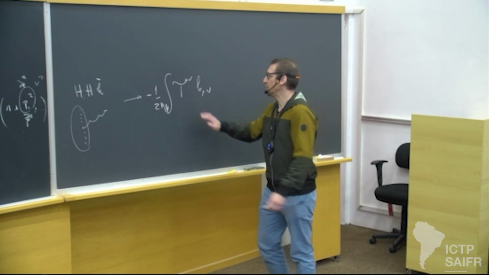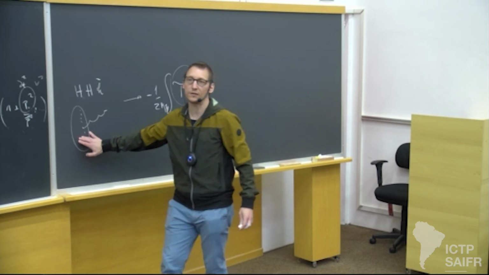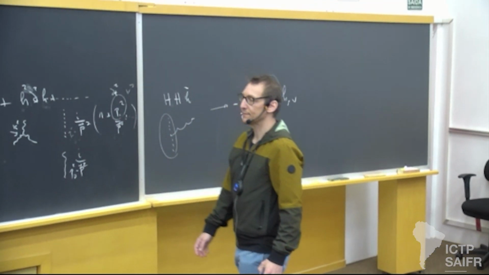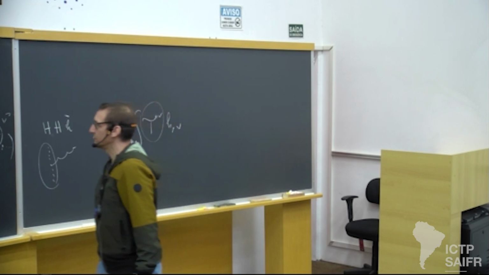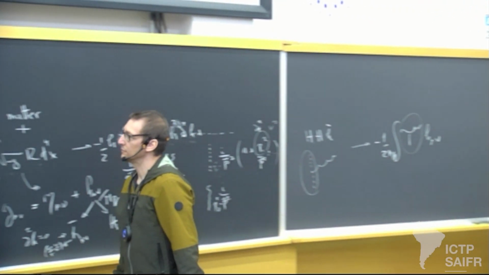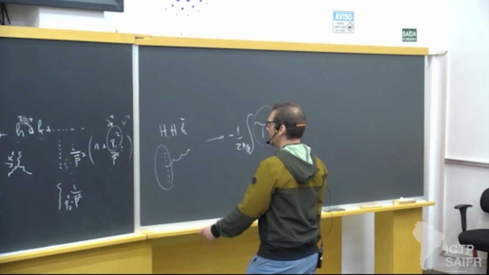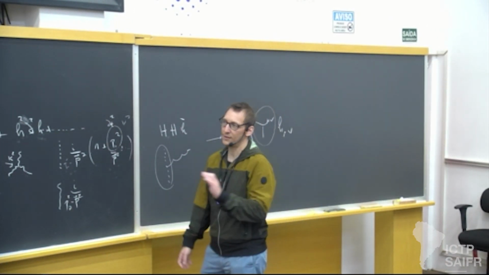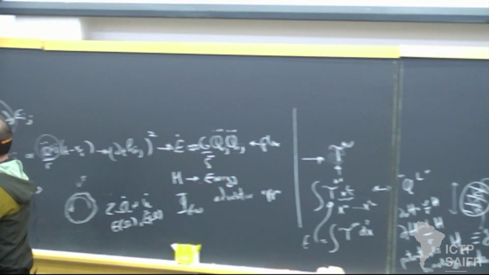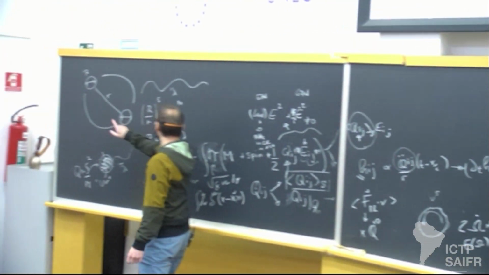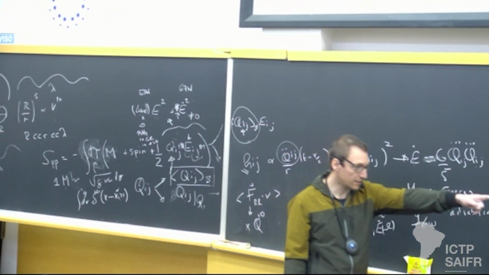At linear order, the blob not only couples matter, it also couples these guys. Which I'm integrating out the same way that I integrated out all the short scales that go into this theory for the black hole or the neutron star. I'm also going to integrate out these guys.